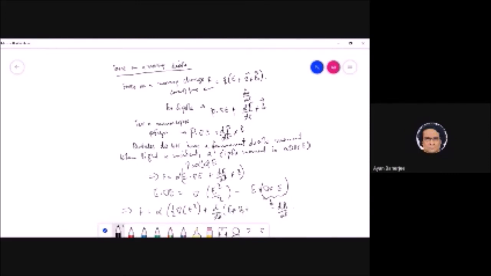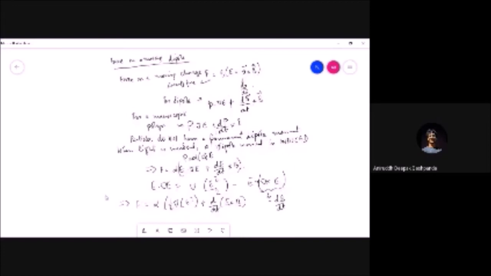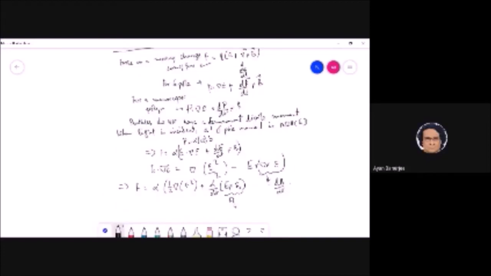So what is your E cross B? Poynting vector. Exactly. This is nothing but the Poynting vector, which we typically write as dS/dt. This varies at the frequency of light, typically 10 to the power 14 hertz for visible light.